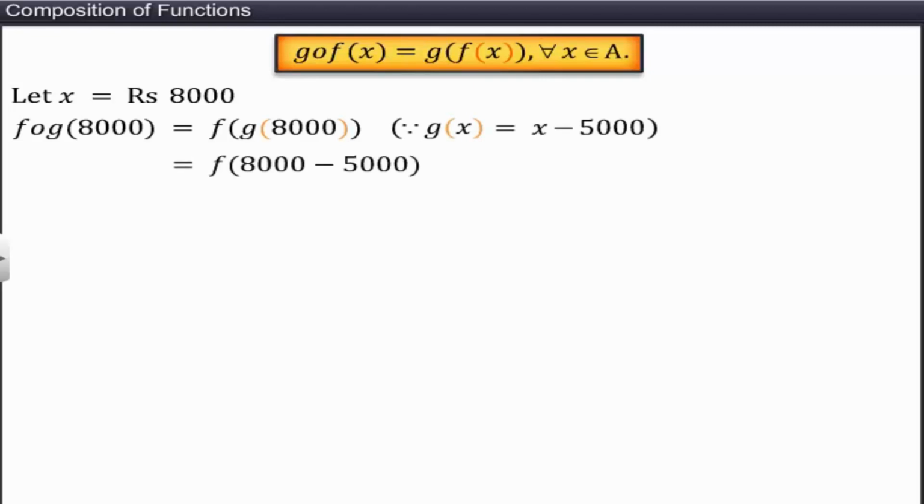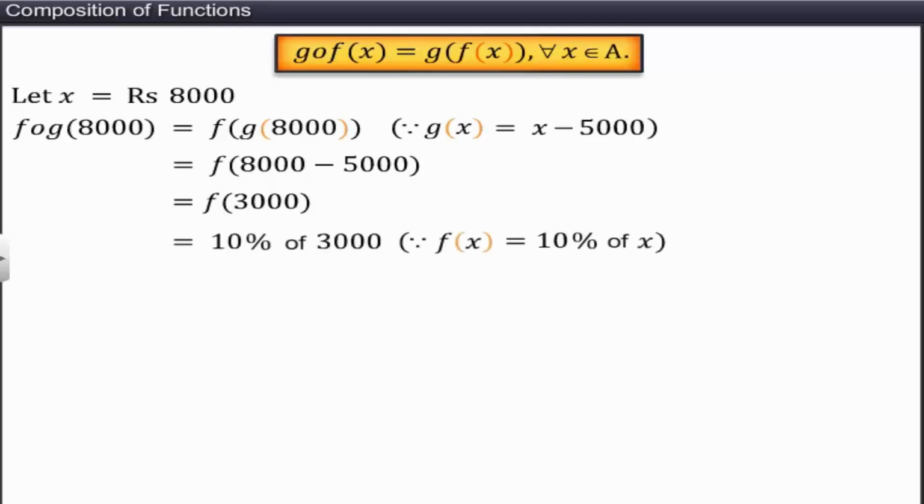Therefore, g of 8,000 is equal to 3,000. Now, f of x is equal to 10% of x. Therefore, f of 3,000 is equal to 10% of 3,000, which is equal to 300 rupees. This is the discount.